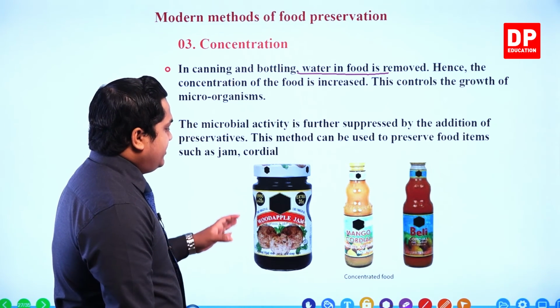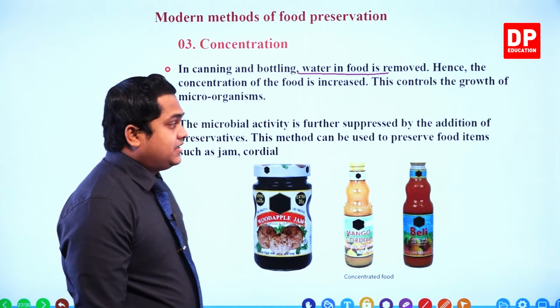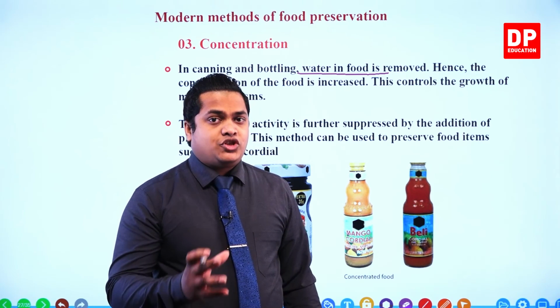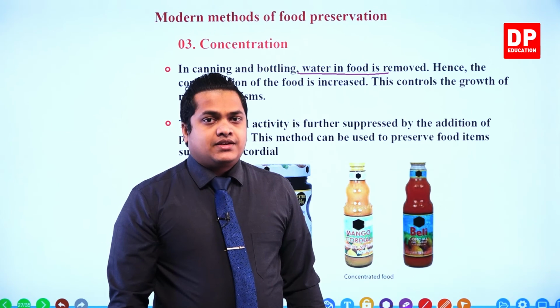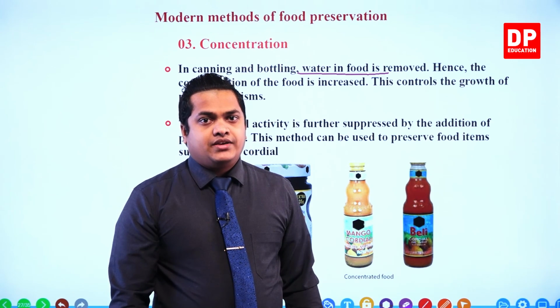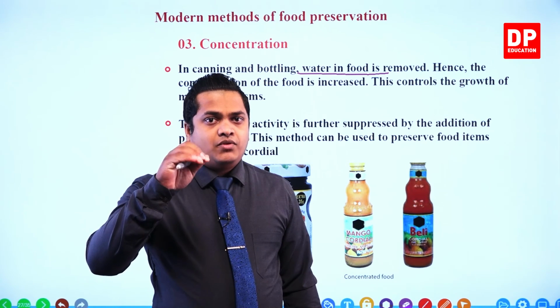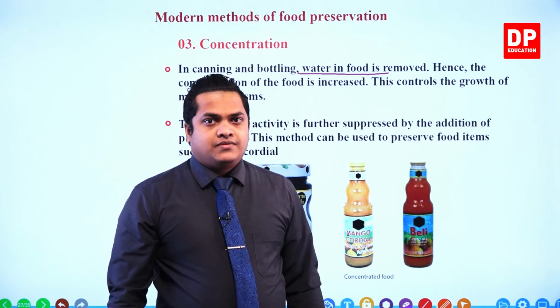Within jam and cordial, my dear children, there is another one called concentrated fruit juices. Concentrated fruit juice means the concentration of the juice is very high. You can take a small volume and make a huge glass of juice.